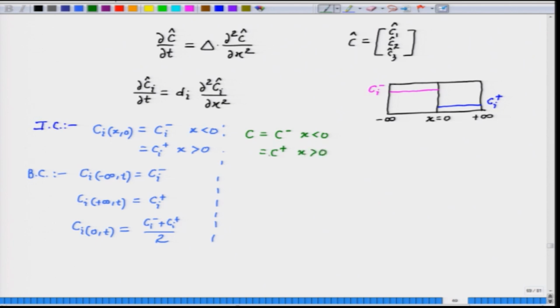C plus is the column matrix of 3 independent concentrations of the right terminal alloy. Similarly, we can write the boundary conditions: C at minus infinity, t is equal to C minus; C at plus infinity, t is equal to C plus; and C at 0, t we can write as 1/2 C minus plus C plus.